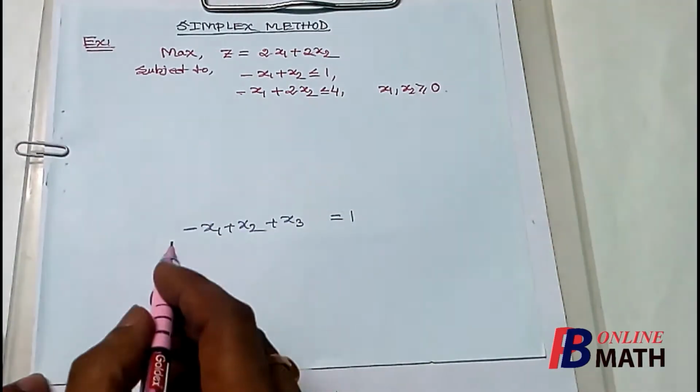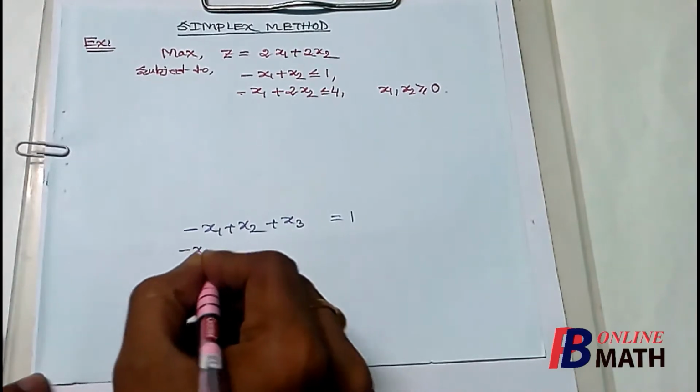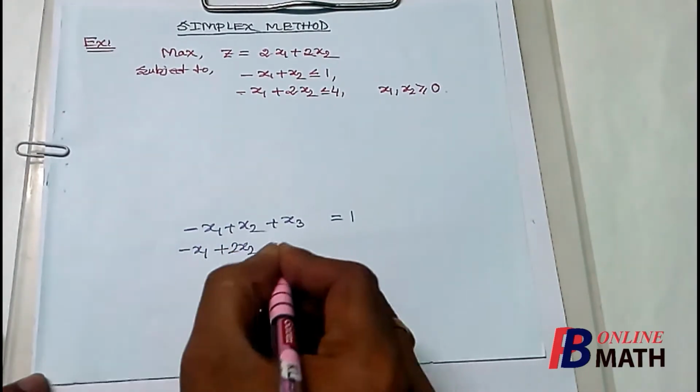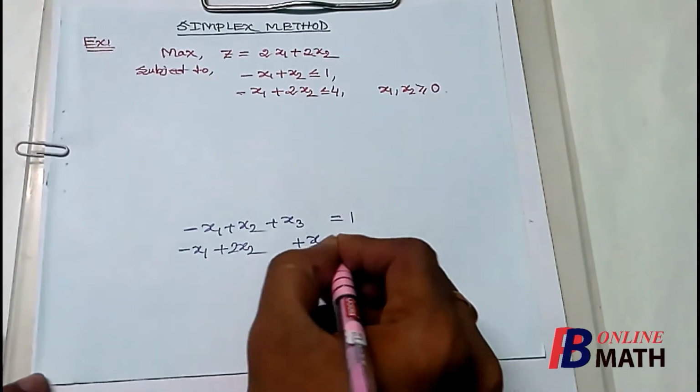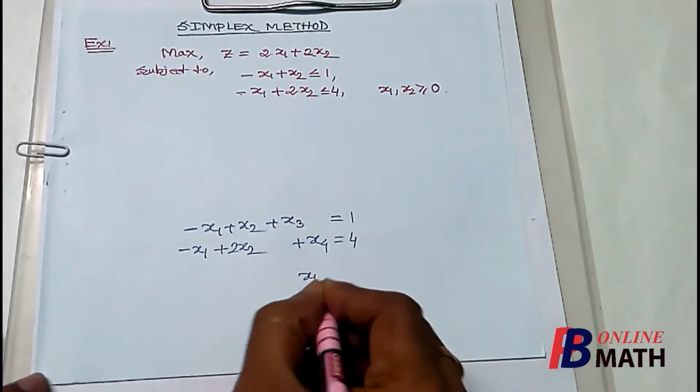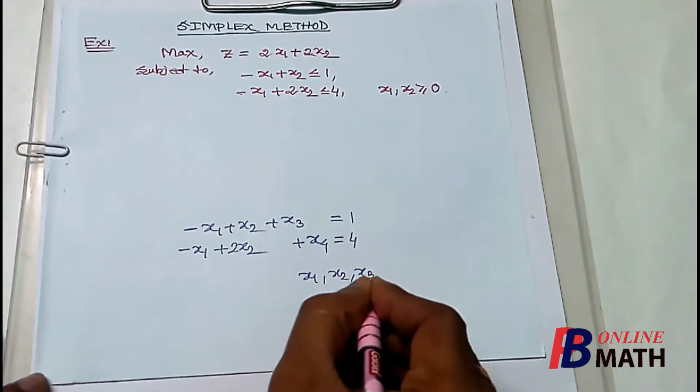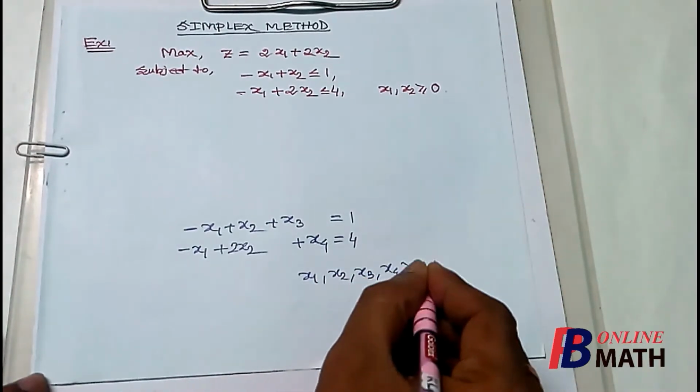And for the second constraint, we add one more slack variable, suppose x4, so that it becomes equal to 4, where x1, x2, x3, x4 all are non-negative.